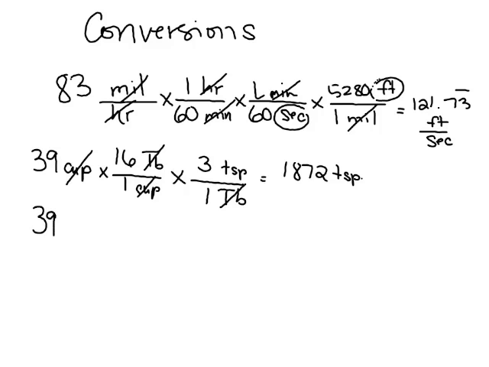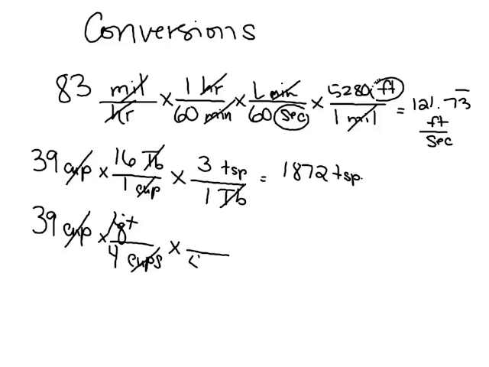So it goes from cups. How do I get to gallons? 4 cups per quart. 1 quart, 4 cups. Cups cancel. And then what's quarts to gallons? 4 quarts, 1 gallon.